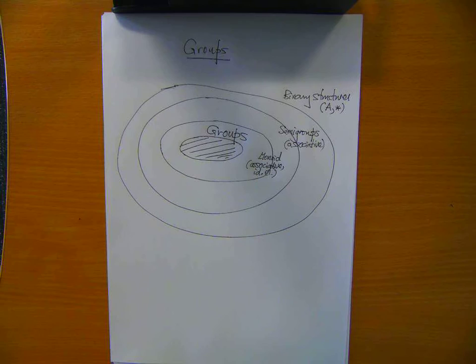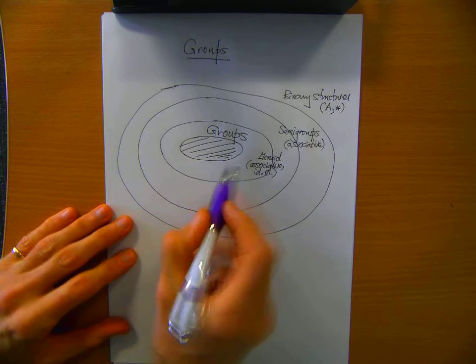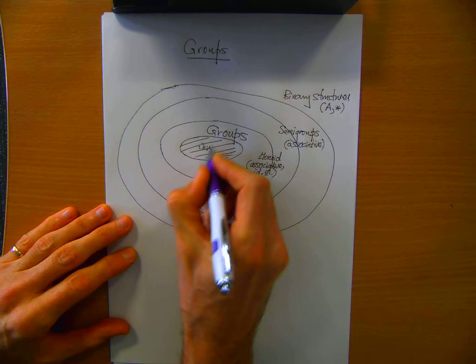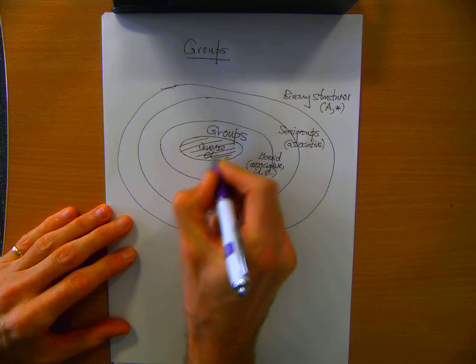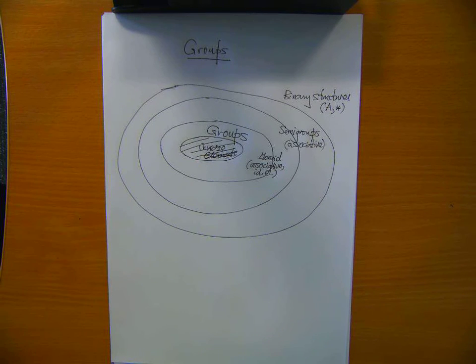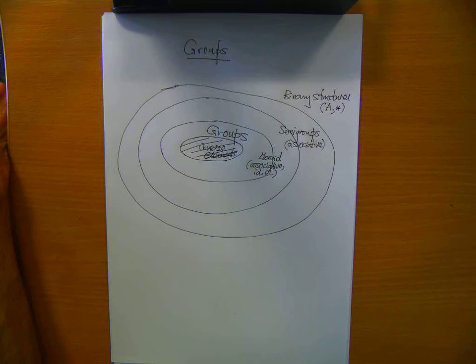And I want to motivate the definition of a group in a few minutes' time. But groups are monoids where we've also got inverse elements. So we haven't thrown anything away, but every element should have an inverse. The inverse is a generalization of an idea that you've been using for a long time, which is, for instance, in the integers, every integer has a negative.